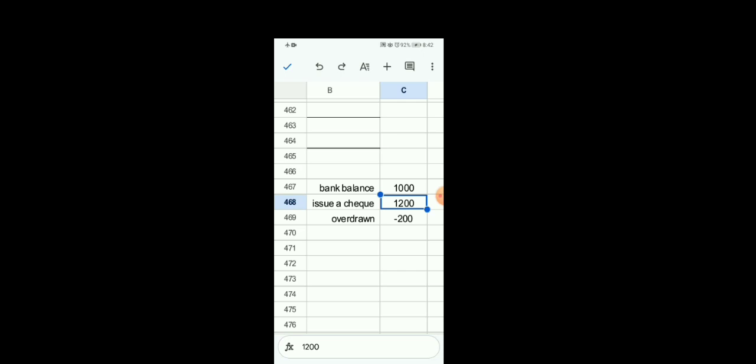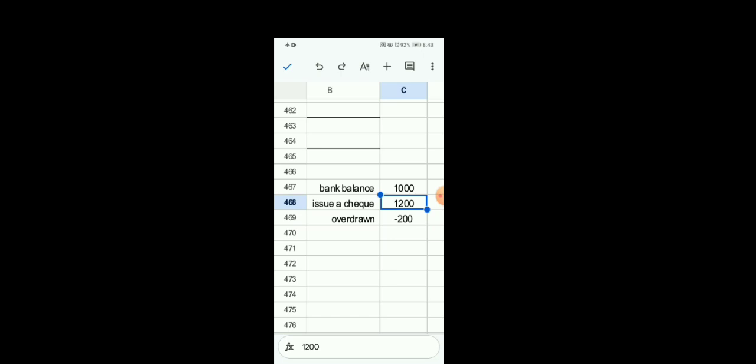How can a banker do this? When you are requesting and you are promising at the same time that you will return the additional 200 rupees within a short period of time. So it may be considered that 200 is drawn from your bank account, over and above the balance present in your bank account, and you are promising to return this amount within a short period of time. So it can be termed as a short term loan.